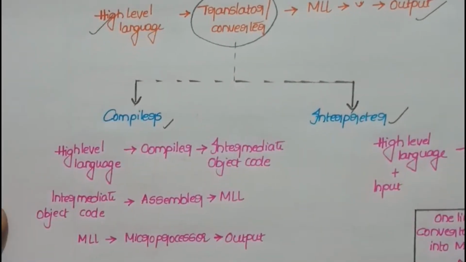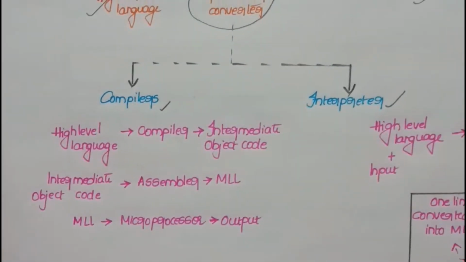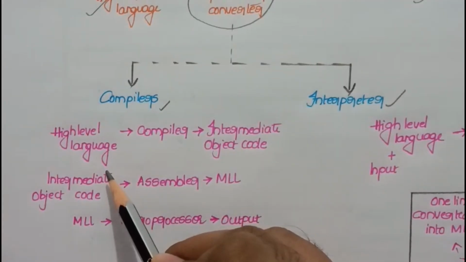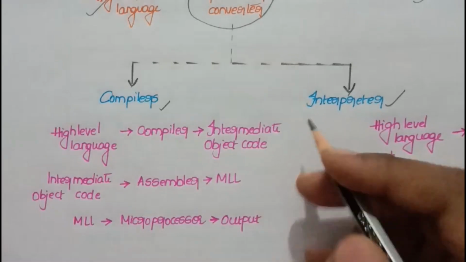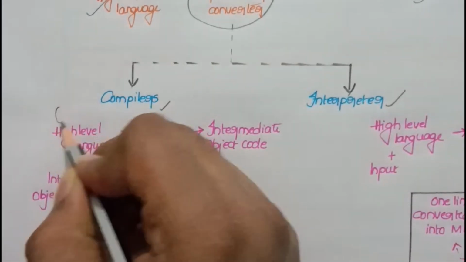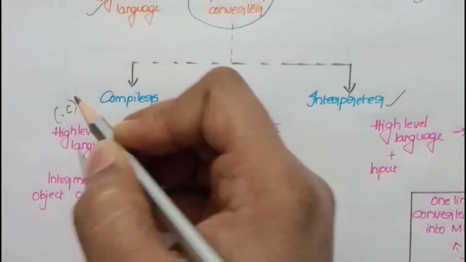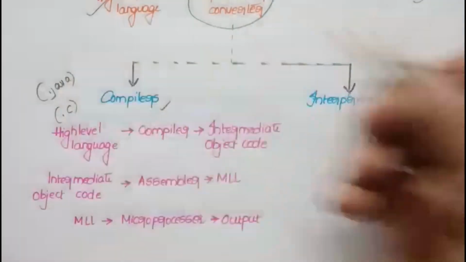First, let us understand how compilers convert high level language into the machine level language. Compilers take high level language as input and generate intermediate object code. High level language, for example, if written in C, has a .c extension. If written in Java, it will have a .java extension.